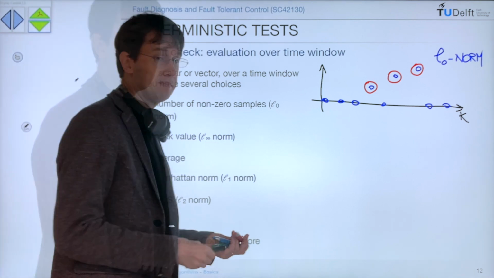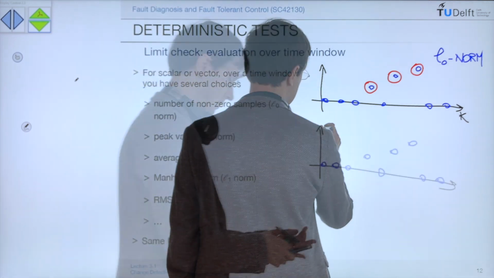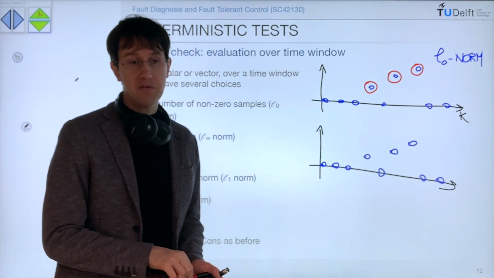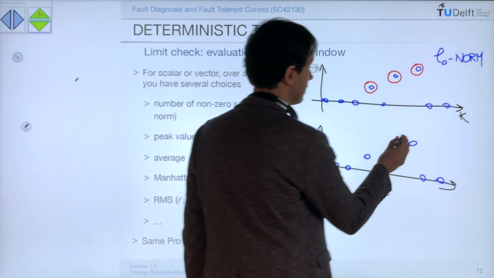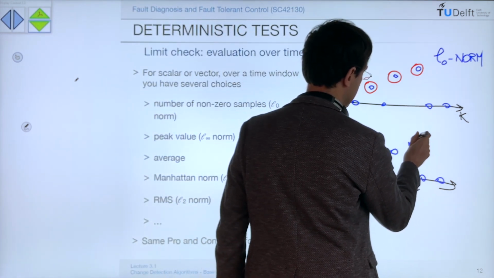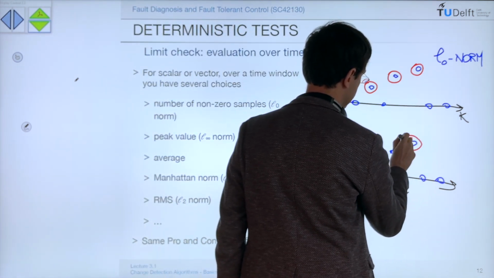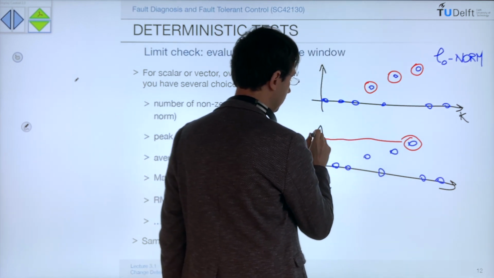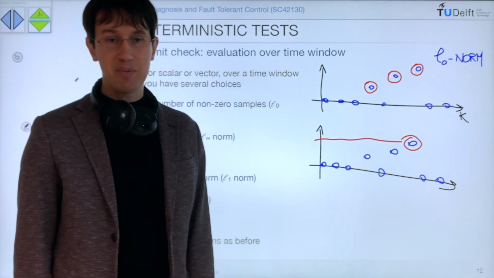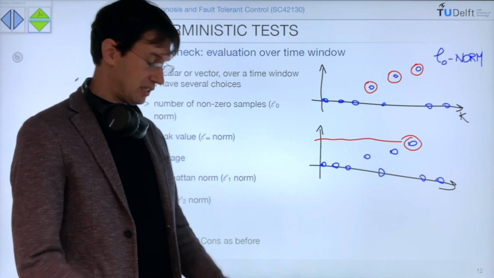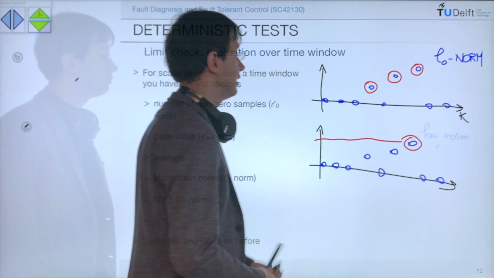So again, same example. If I apply the L infinite norm, what I get as a result is the value of this. So the value of the max, the peak value in the time window, is the L infinite norm.